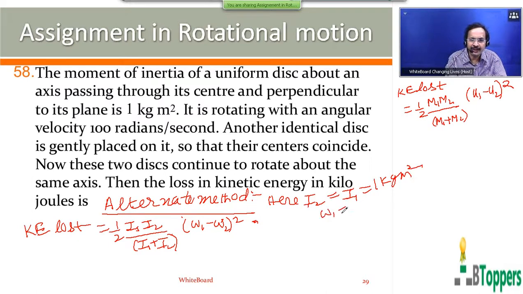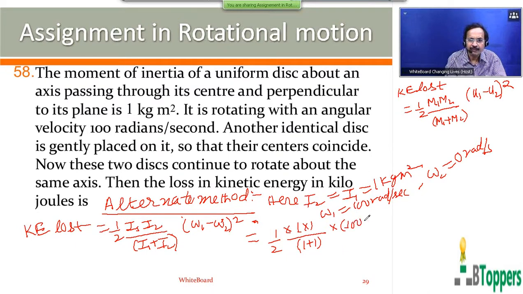Omega 1 is 100 radian per second. Omega 2 is 0 because the second disk is initially at rest. So you can substitute all these values and complete the calculation.